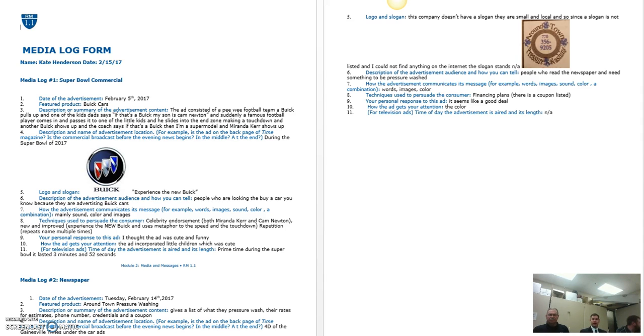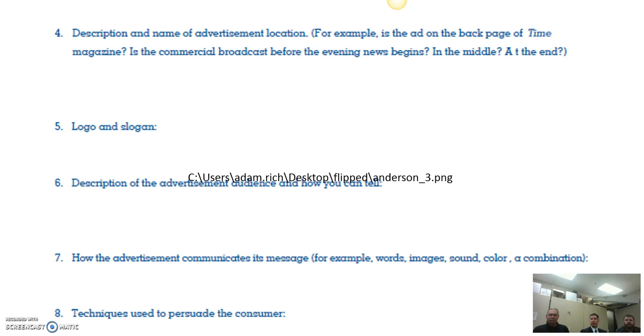That laid the foundation for later when they came together in advertising teams to come up with an advertising campaign for a certain product for a certain company. So they worked independently, and then they came together as a group with one advertising campaign.